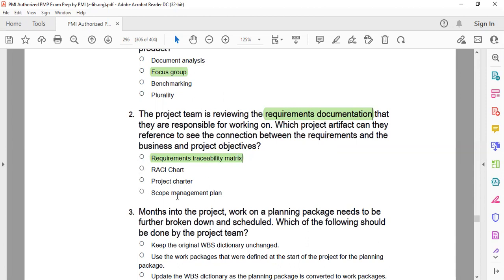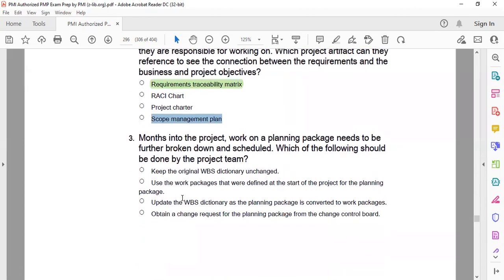Very good. And RACI chart is used for stakeholder engagement or resource management plan. Charter is used for the commitment, and the scope management plan is used to provide the basis on which you will create the scope of the project.